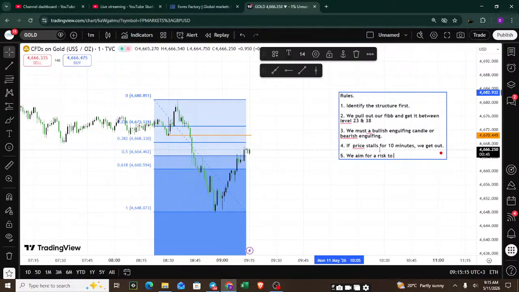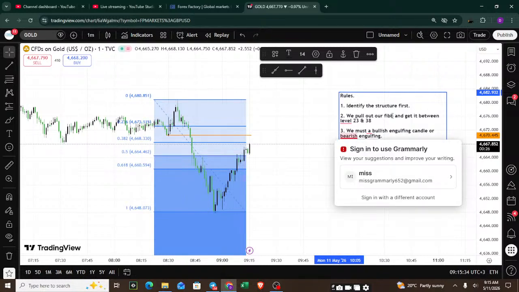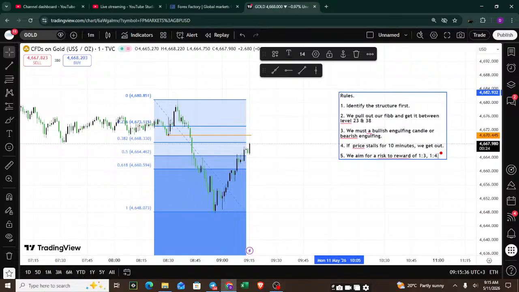So we aim for a risk to reward of 1:3 and 1:4. So that is what we aim for. Those are the 5 rules.